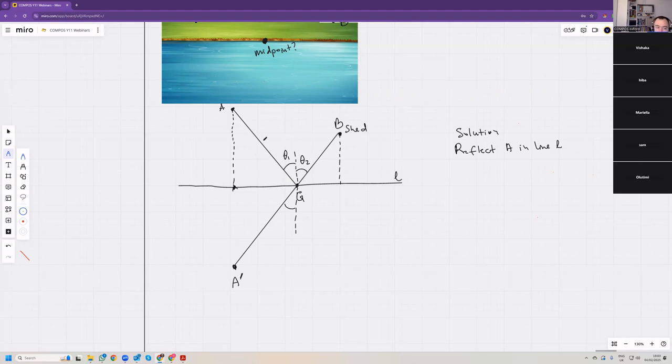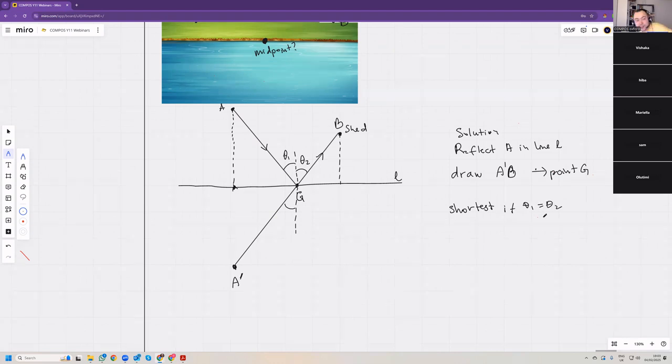What does this remind you of? Draw the line A dash B through point G, and G is the point, the shortest path, if theta 1 equals theta 2.